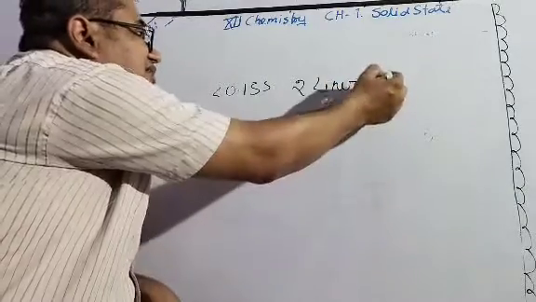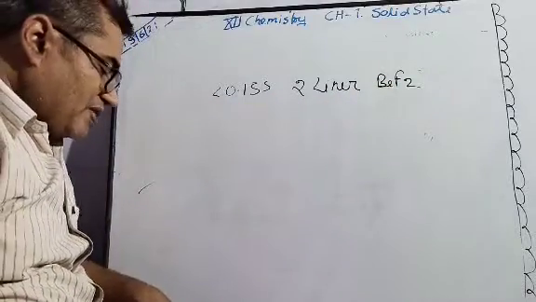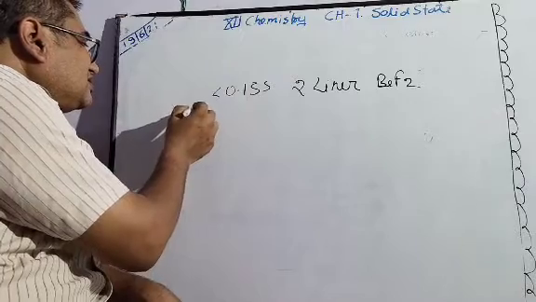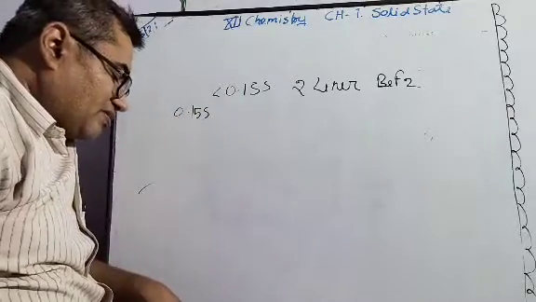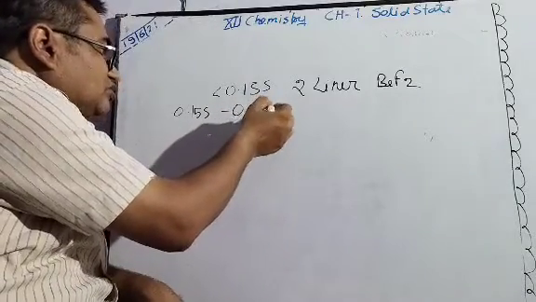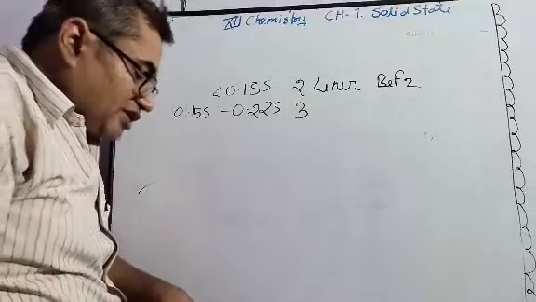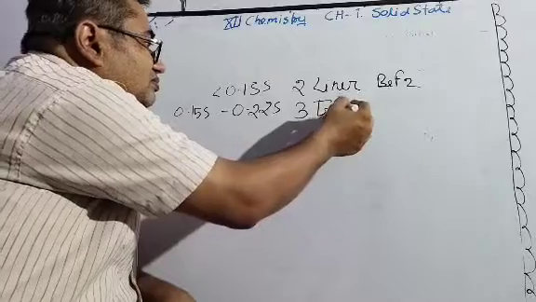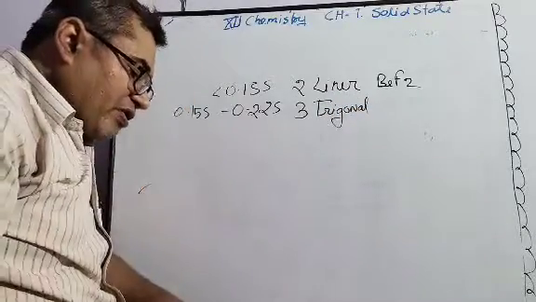For example, BeF2. I am making a table regarding this. If the radius ratio is 0.155 to 0.225, the coordination number will be 3 and a trigonal planar shape is present.